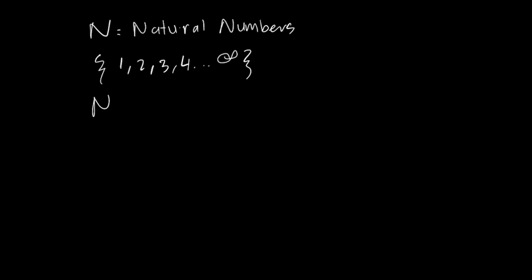Sometimes the N with the designated 0 looks like an O, but it's actually a 0 here. It's the same set of positive integers, but with a 0 at the beginning. So yeah, those are the designations for natural numbers.